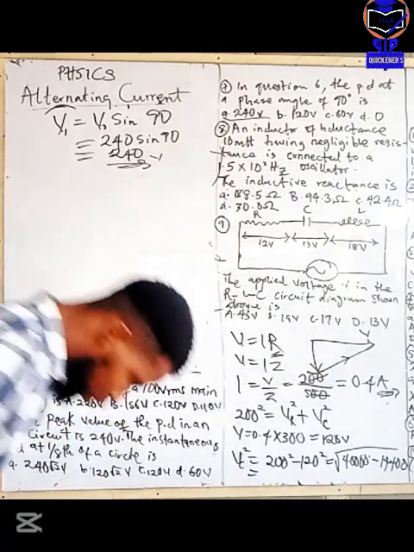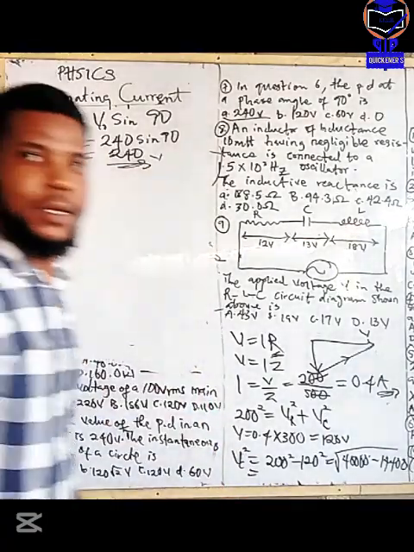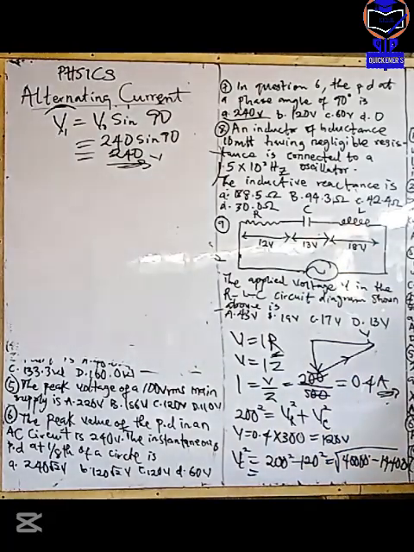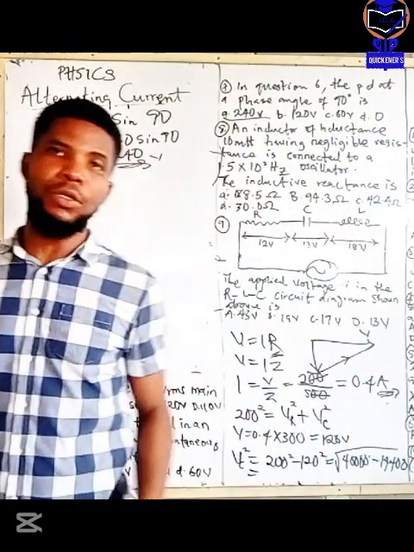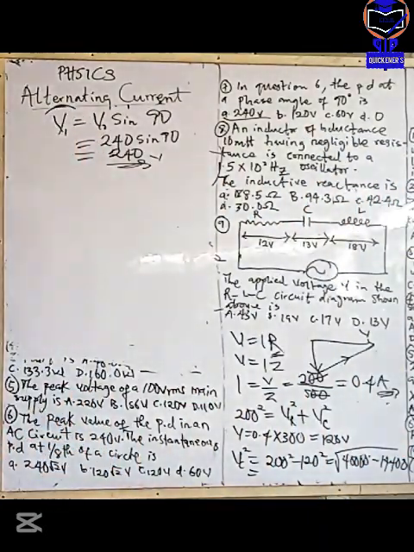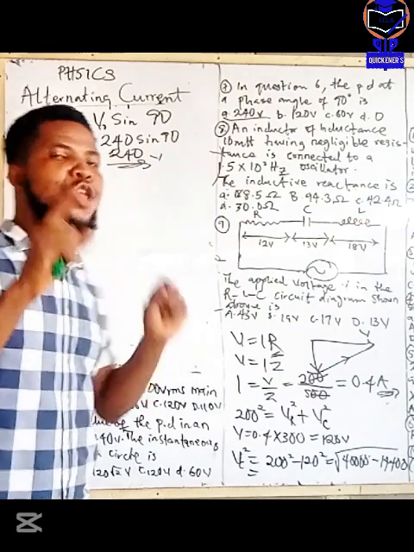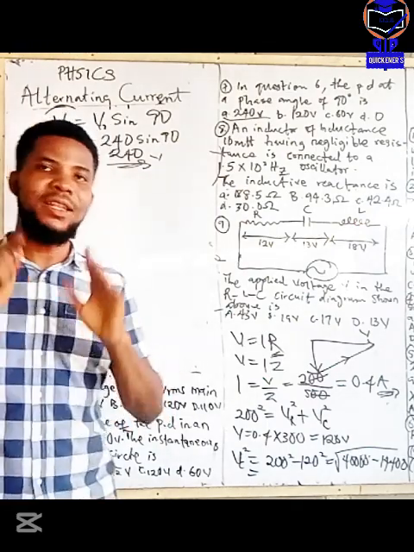Is that correct? So now, let's try the other questions, okay? So now, the number 8 question says, an inductor of inductance 10 millihenry. Now, the unit of measurement of inductance is henry.